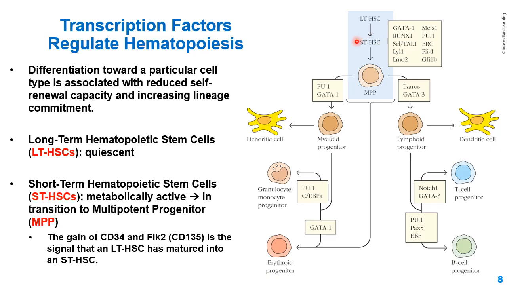But there are some major transcription factors that are going to be upregulated. And this cell is going to become this major progenitor cell, the multipotent progenitor cell, MPP.